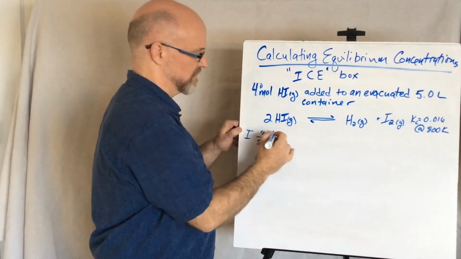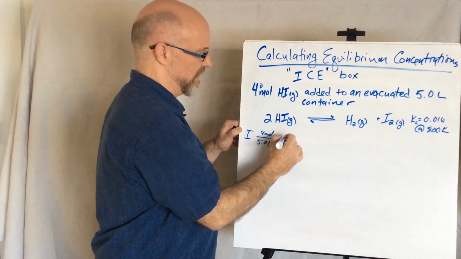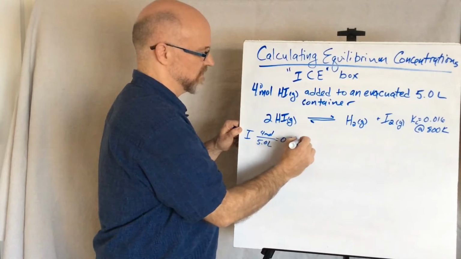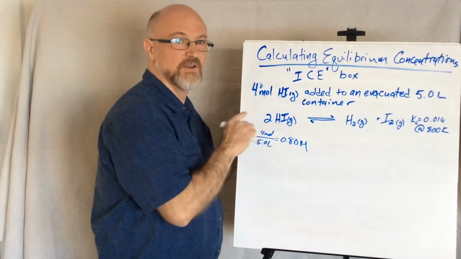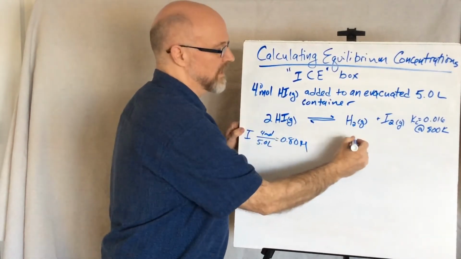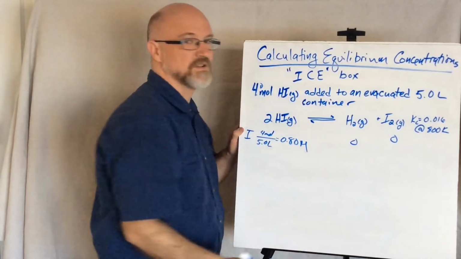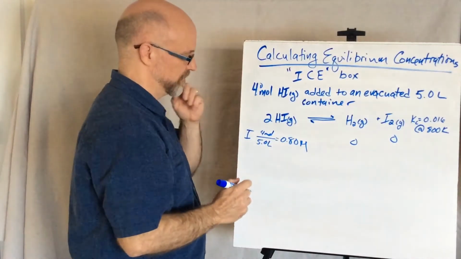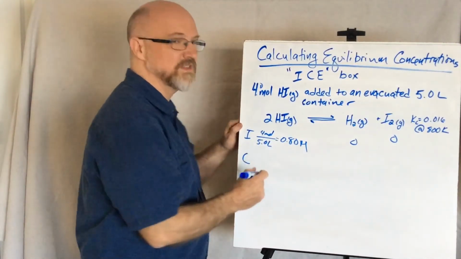So that means right now there's a concentration of 0.80 molar of the hydrogen iodide. None of it is broken down yet, so we're starting with 0 for the hydrogen gas and for the iodine gas.